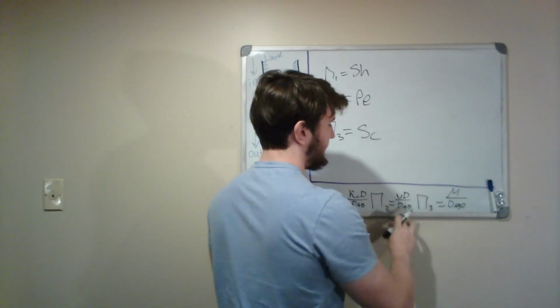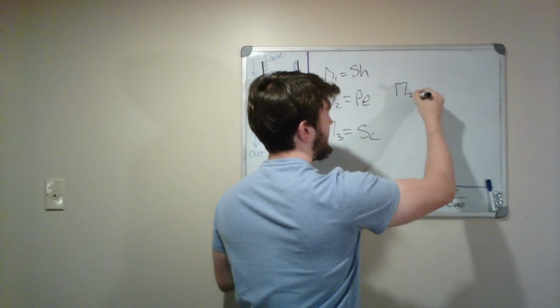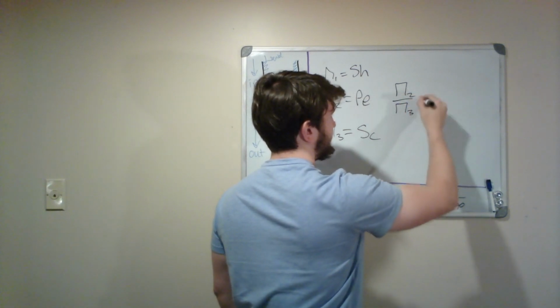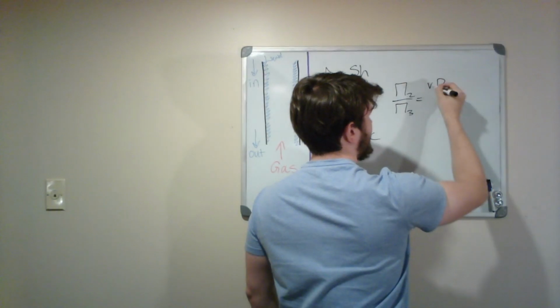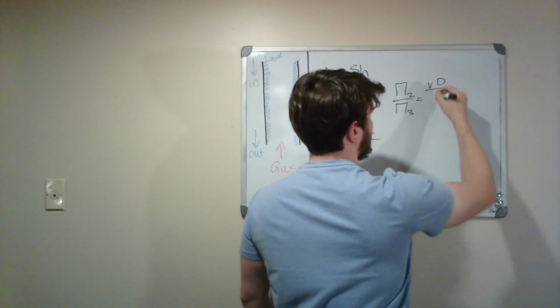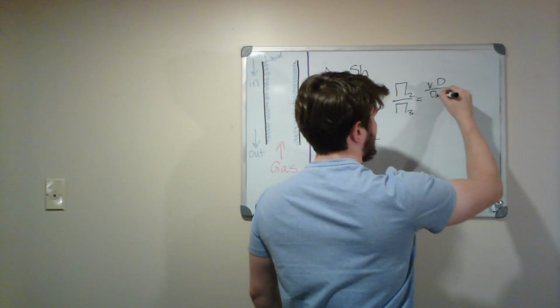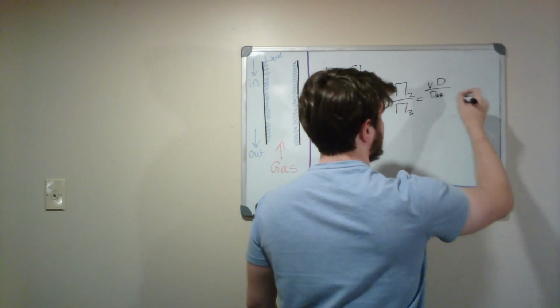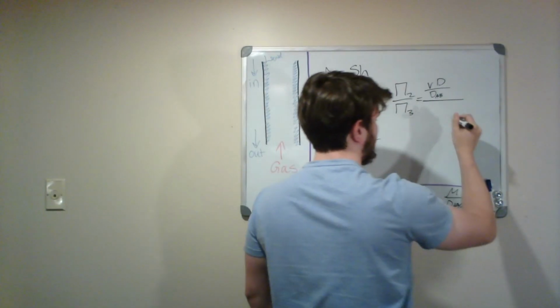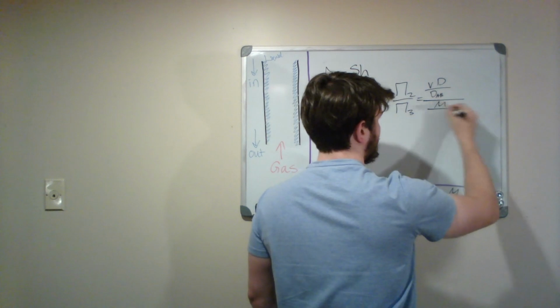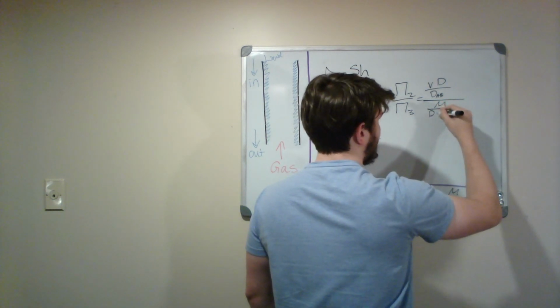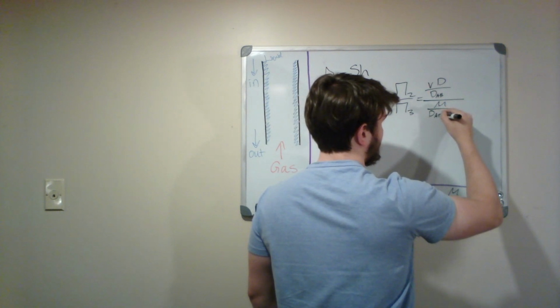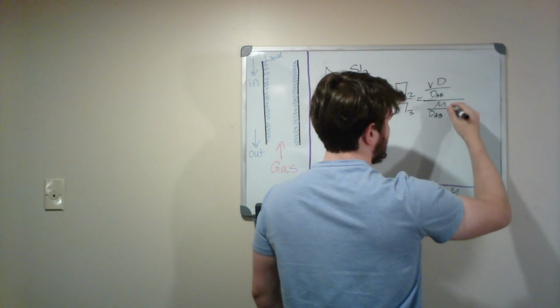All the Reynolds number is just pi2 over pi3, which we can see as velocity times the diameter all over that diffusion coefficient, and then all of that over viscosity over that.